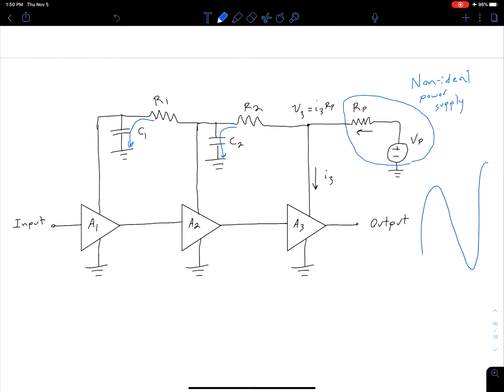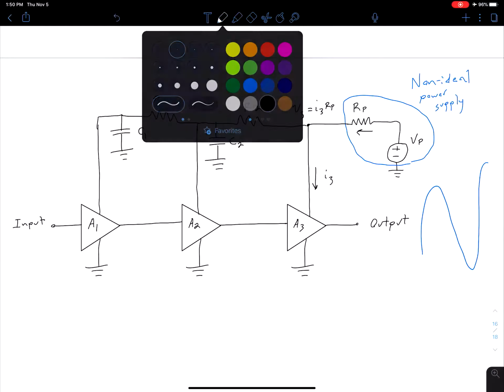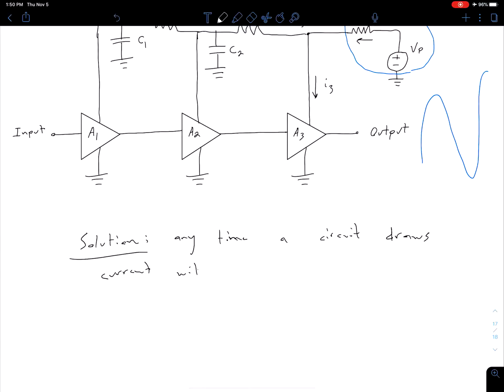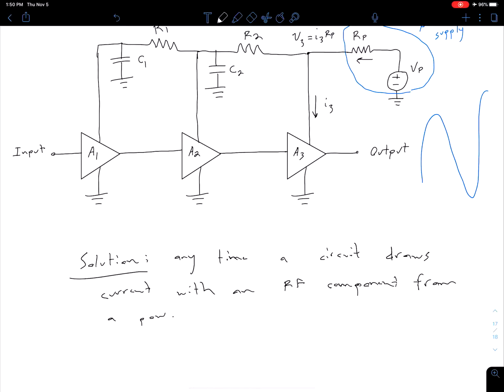The same basic idea holds here, but let's take it a step further. In general, anytime a circuit is drawing a current with a high frequency component, so let's say our solution to this problem: anytime a circuit draws current with an RF component, RF being radio frequency, from a power supply, and again, we're never going to have an ideal power supply.